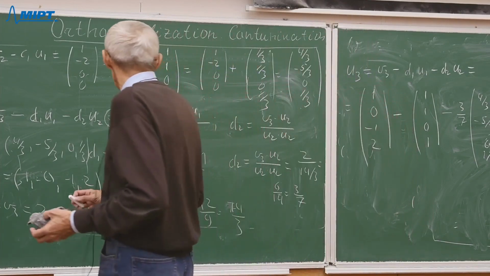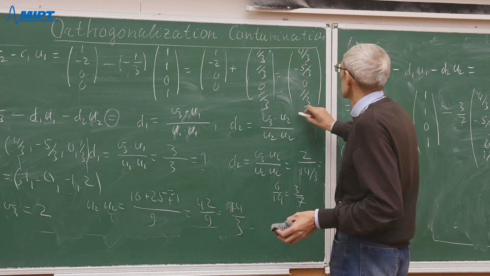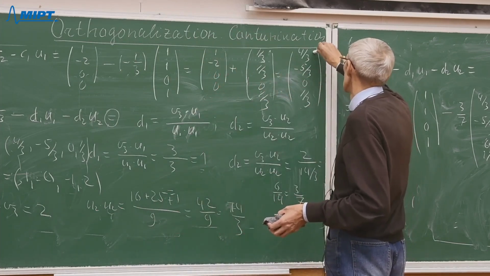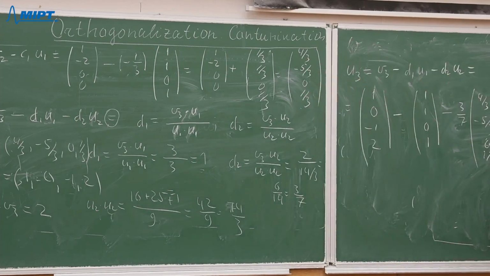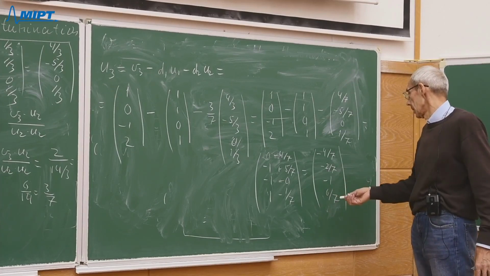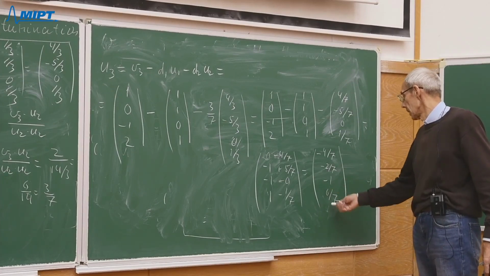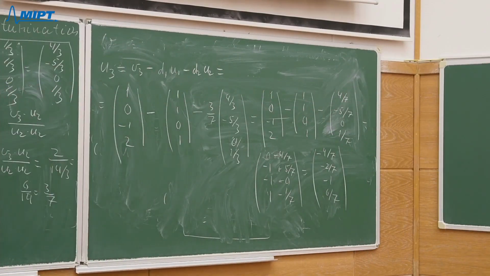We can change, for example, this vector to the vector with coordinates 4, -5, 0, 1. And this vector can have coordinates -4, -2, -7, 6.